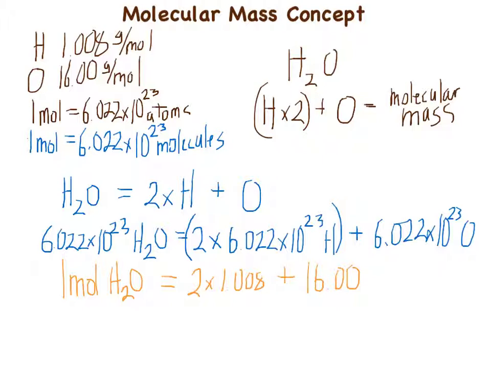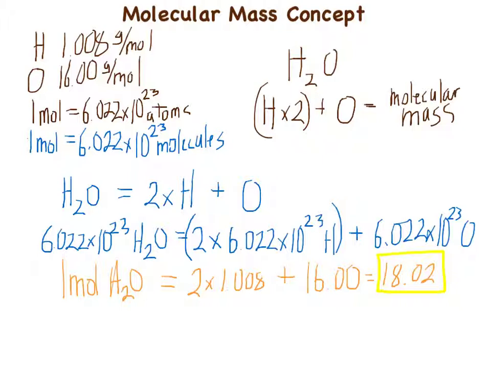Then if we just do this math, 2 times 1.008 plus 16, that equals about 18.02 after rounding. So this number right here that we just found is equal to 1 mole of water.